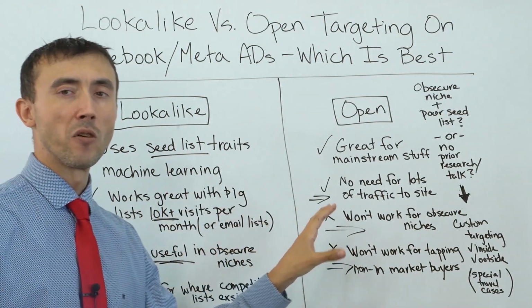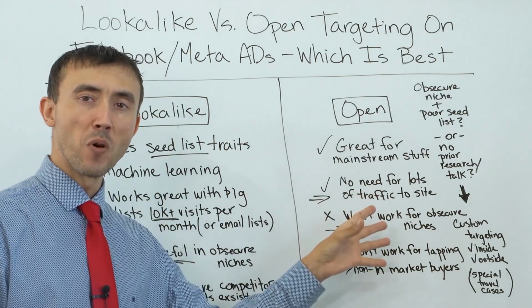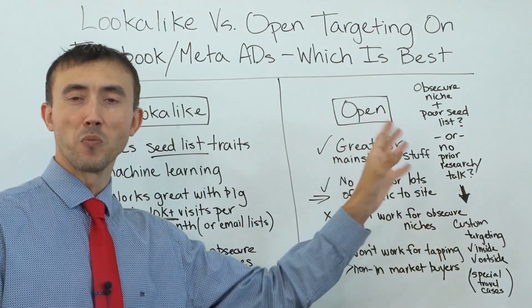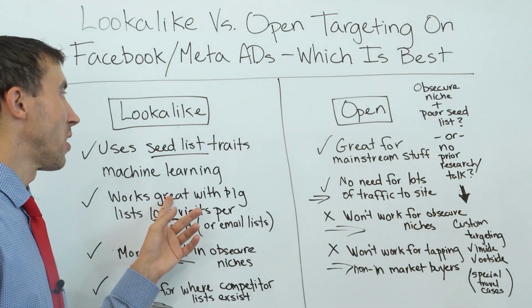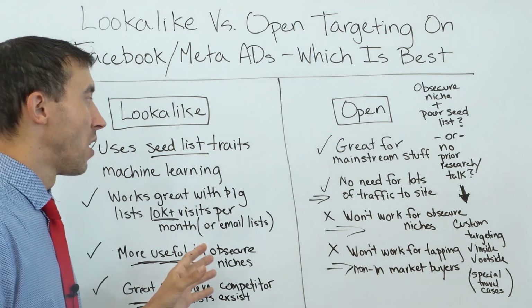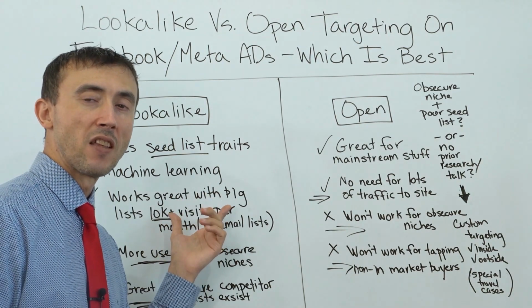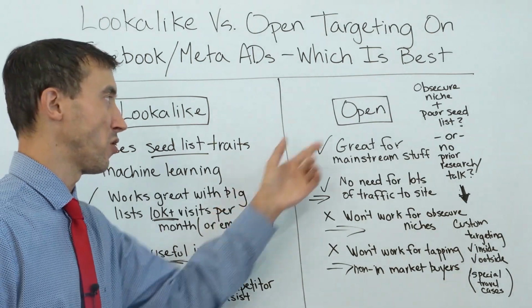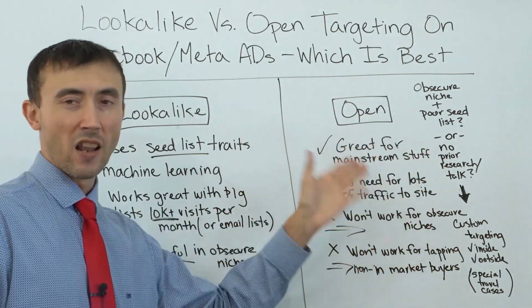In general though, typically you would want to do both. You start with open targeting because it's more precise, despite the name. Then you do your lookalike targeting itself. The exception is that if you have a huge customer list and a huge amount of traffic to your site, maybe you just skip open targeting because it's kind of redundant.